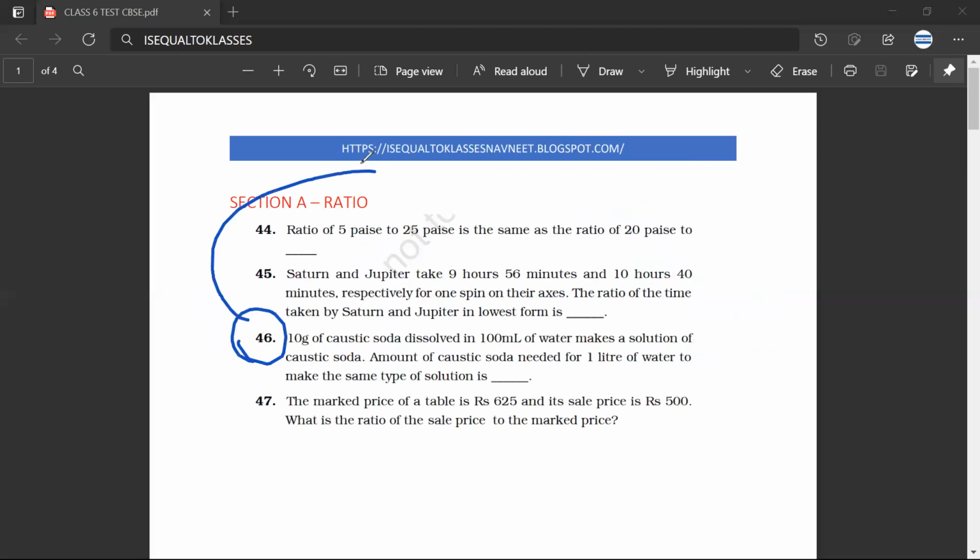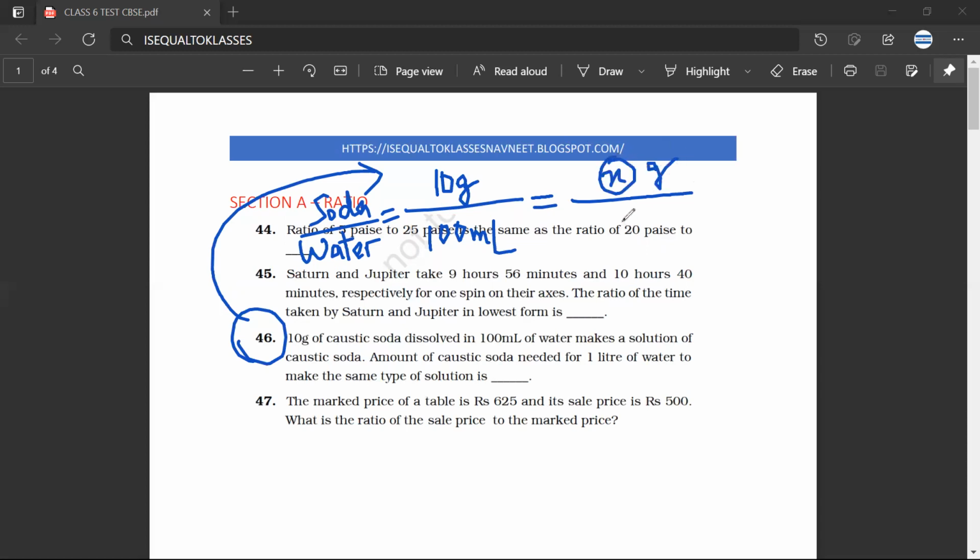Mr. Sarthak, 46. So, sir, over here, 10 gram of caustic soda can be dissolved in 100 ml. So the ratio will be 10 is to 100, and then caustic soda per 1000 ml will be 10 is to 100 equals x is to 1000.